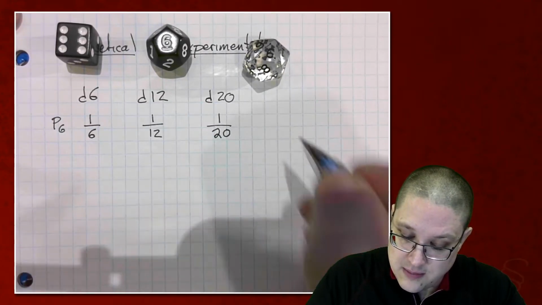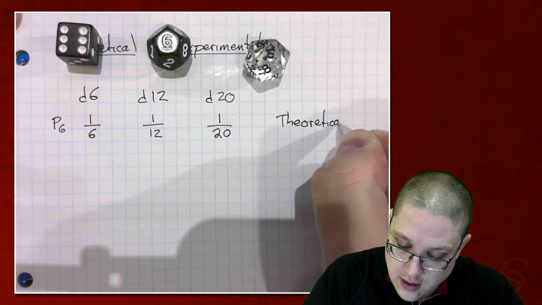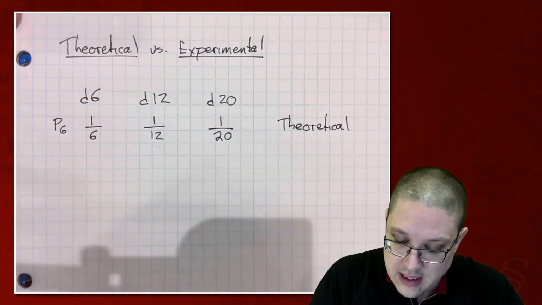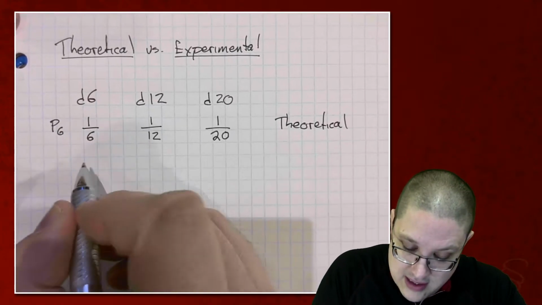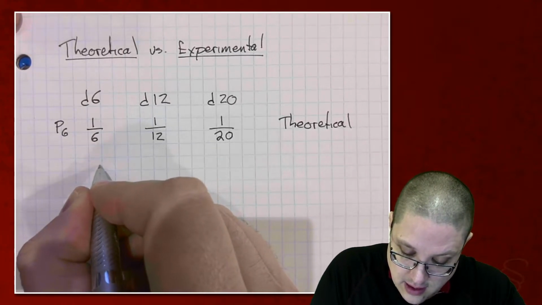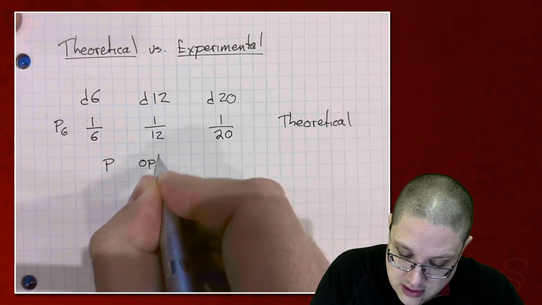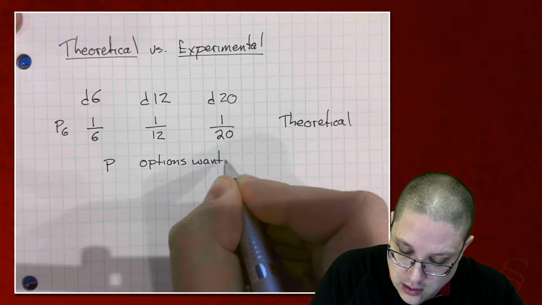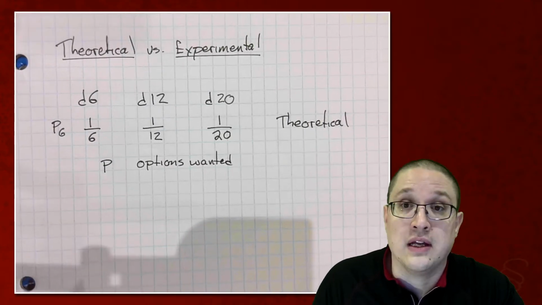This is my theoretical probability. My theoretical probability is based on what is possible. If I were to write this out, the probability for theoretical would be the options wanted or asked for. We said, hey, what's the chance of rolling a 6?